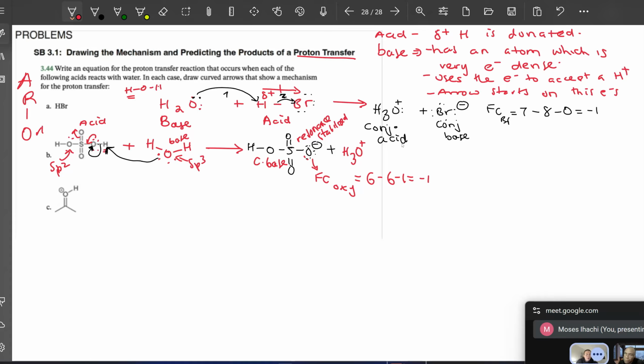Got it. So the orbital is sp, sp2, sp3. We use 2 factors, the R and O. Here we used the A, electronegativity.